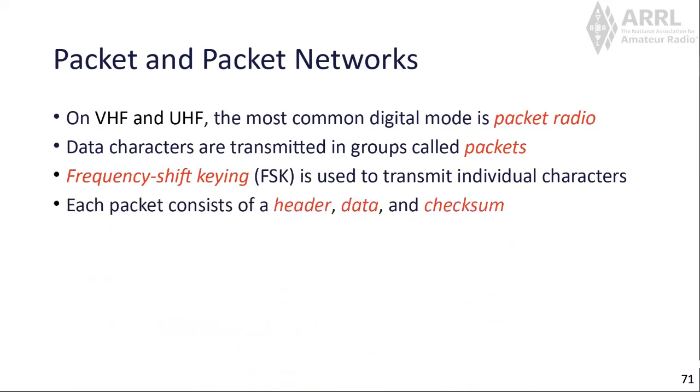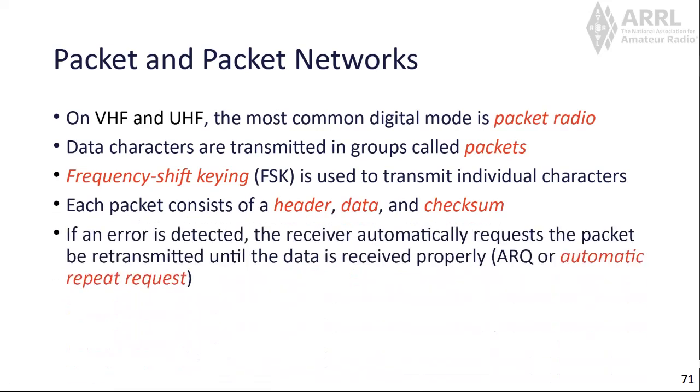Each packet consists of a header, data, and a checksum. If an error is detected, the receiver automatically requests the packet be retransmitted until the data is properly received. And that's called automatic repeat request, or ARQ.